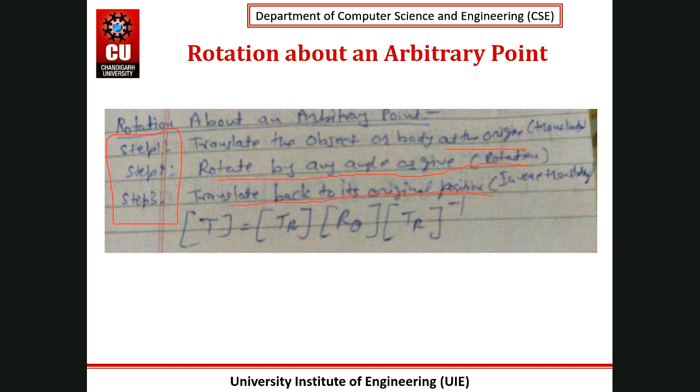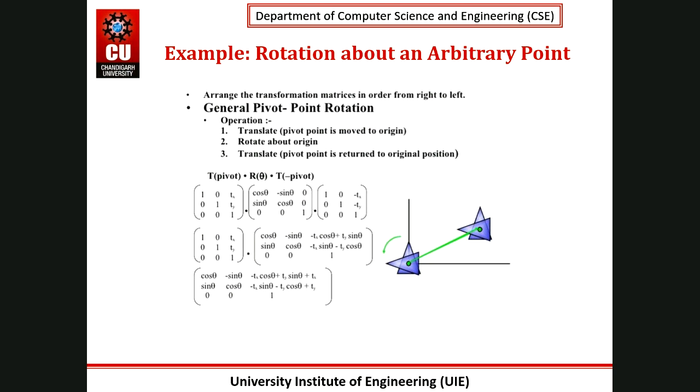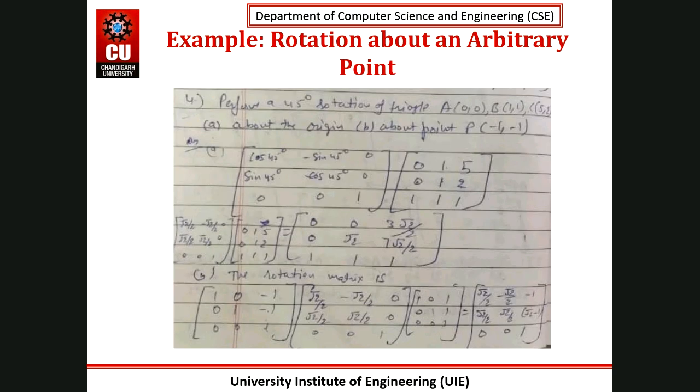So these three operations, remember that. Should I continue with the example or should I directly show you the program? Guys, you want me to show you the example? Okay, the example is there.